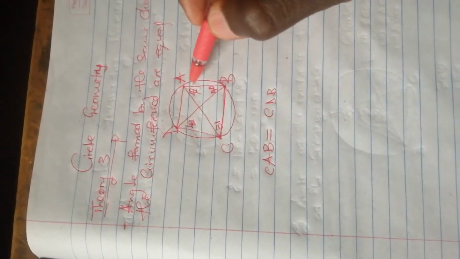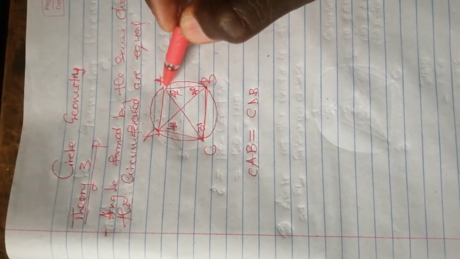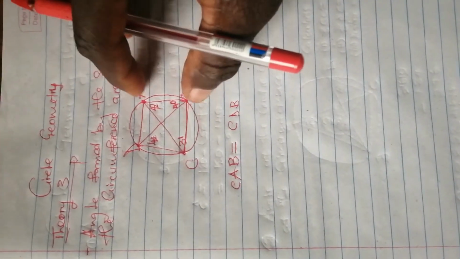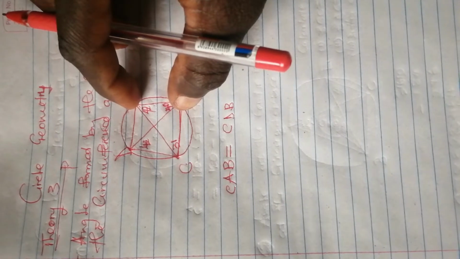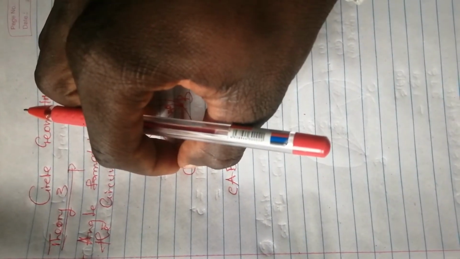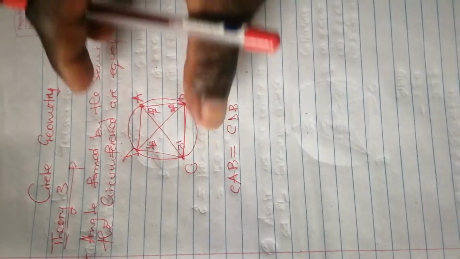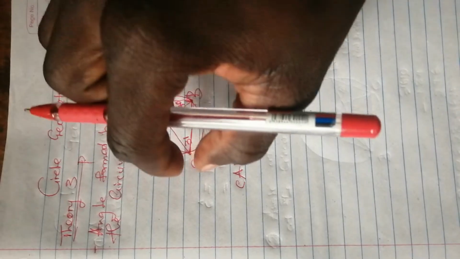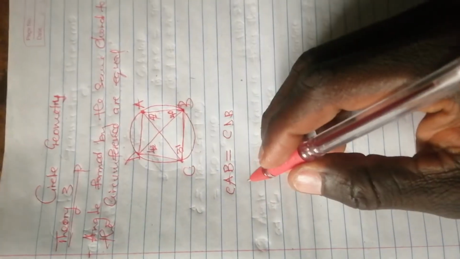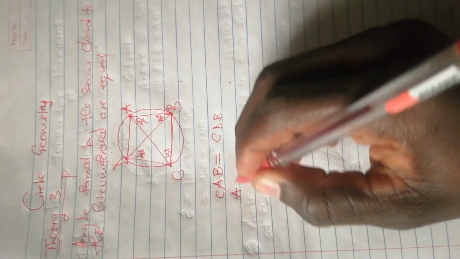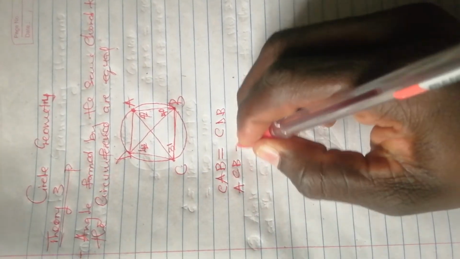Again, if we use this chord, which is AB, then go to the circumference, we form angle C. From chord AB to the circumference, we form angle C. So this is ACB.